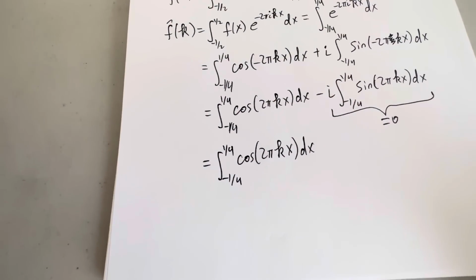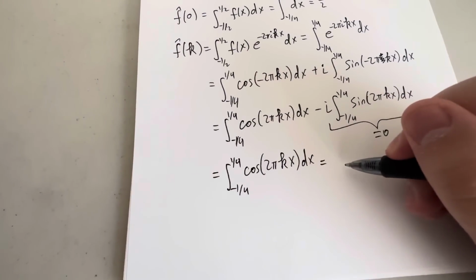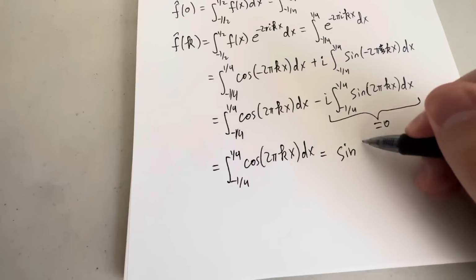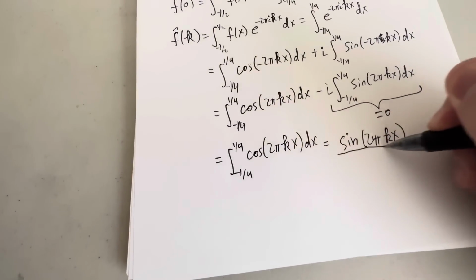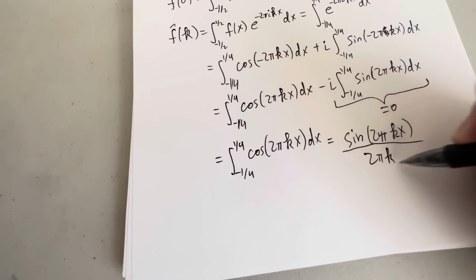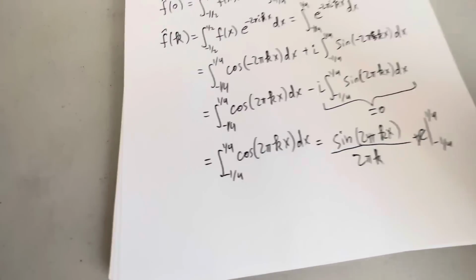And that's just a normal, usual, typical integral, right? So this is equal to sine 2 pi k x divided by 2 pi k, from negative 1/4 to a quarter.